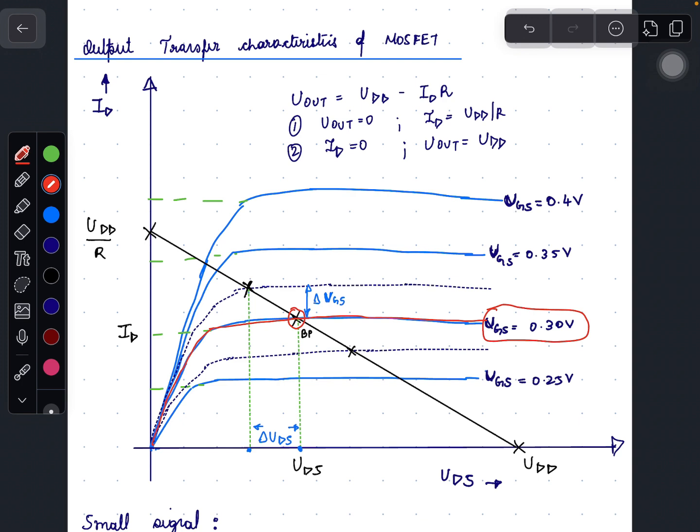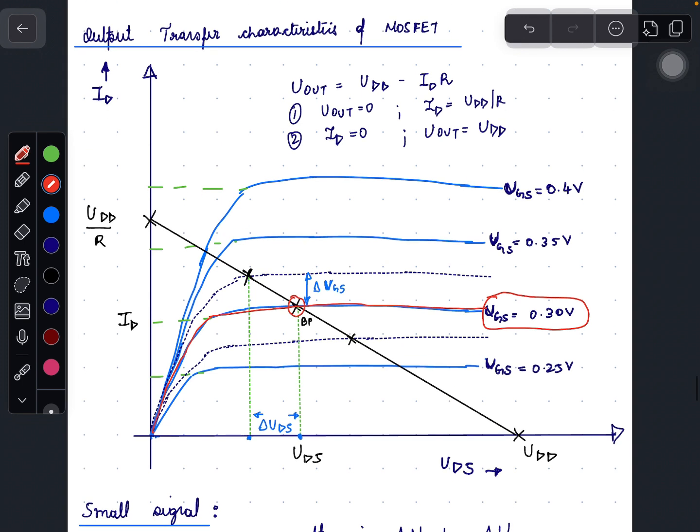The point where the transfer characteristics of the MOSFET and the resistor coincide is the bias point, BP, shown here.